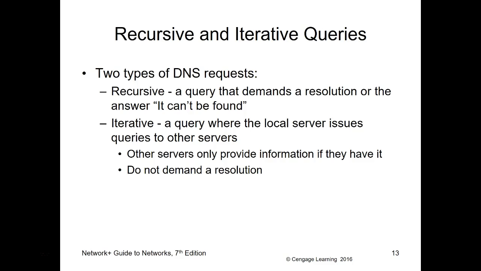But we have a couple of different types of queries. So you have what's called a recursive query. In other words, it keeps asking until it gets an answer of either I do know the answer or I can't find it. And then an iterative query. So our server generally does iterative. So it really only provides information. It doesn't say you have to give me an answer.